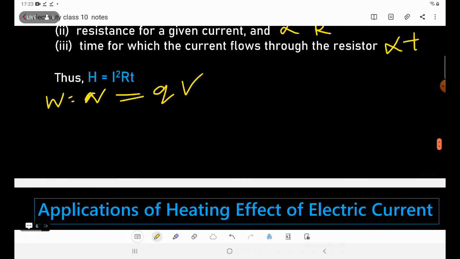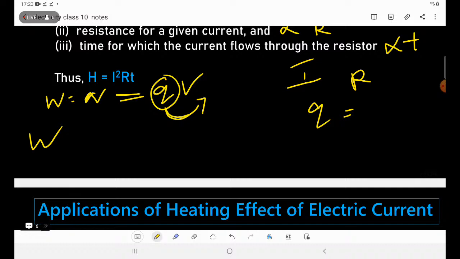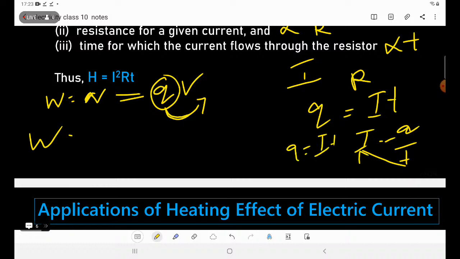It's Q into V, the charge that is flown against the potential difference V with current I flowing through a wire of resistance R. Q I can write as I T, since I is equal to Q by T. So Q is equal to I T, and I write I into T.